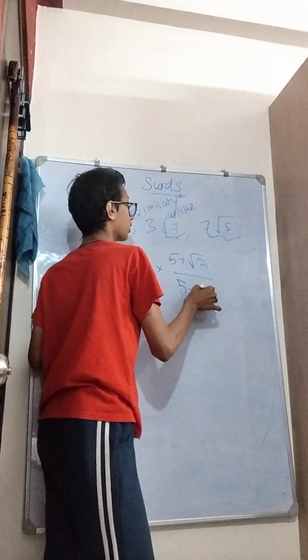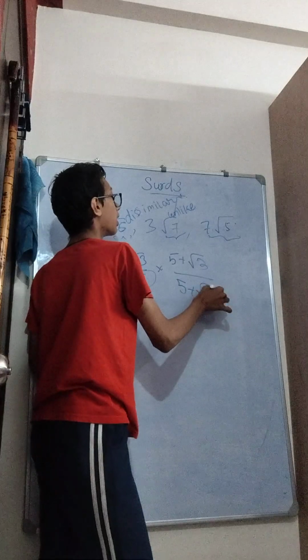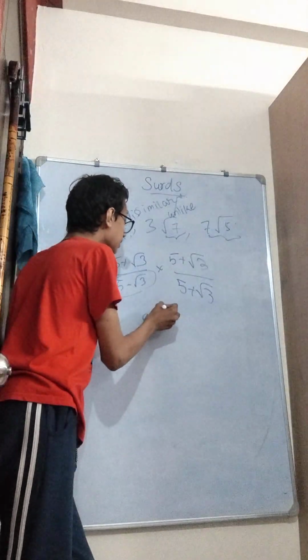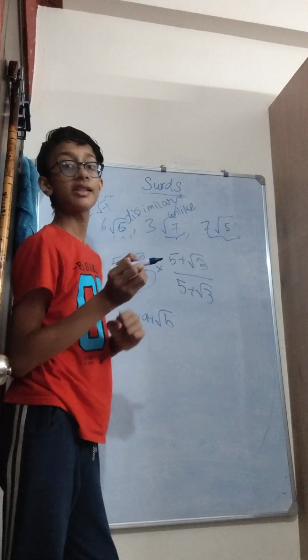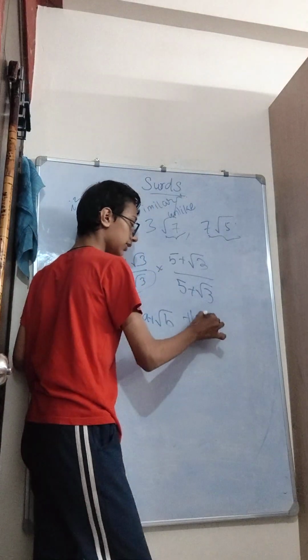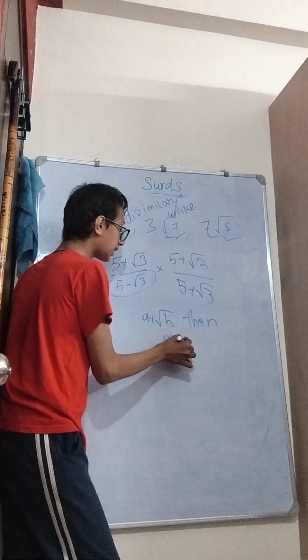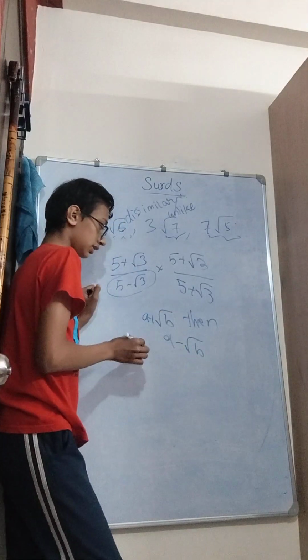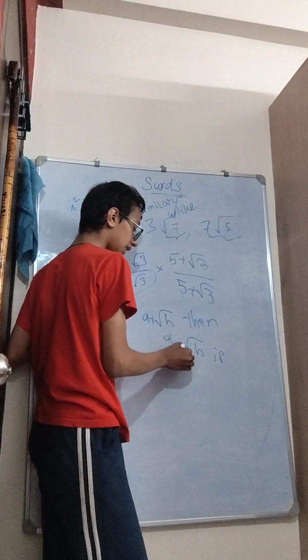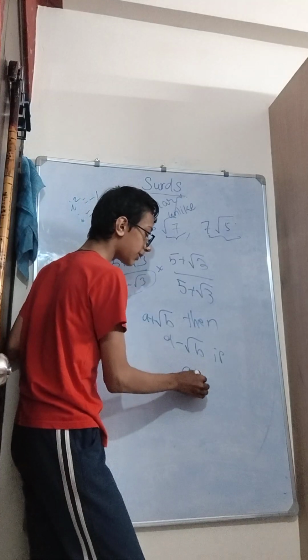See, if a plus root b is an irrational number or a surd, then a minus root b is the conjugate of a plus root b.